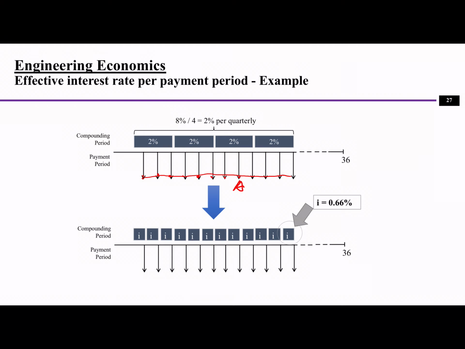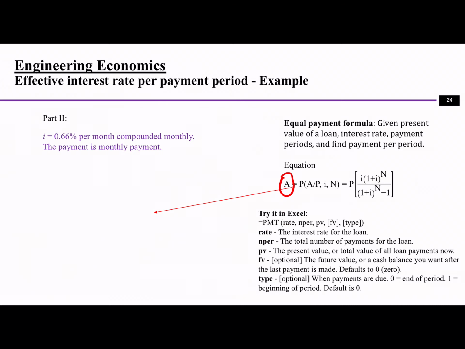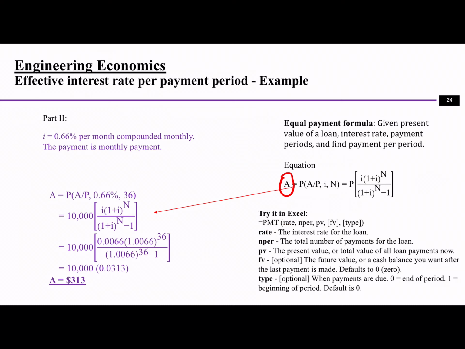If we look at this equation, we know these are the A's. What is the equal payment of the period? Same. These are the A's, right?